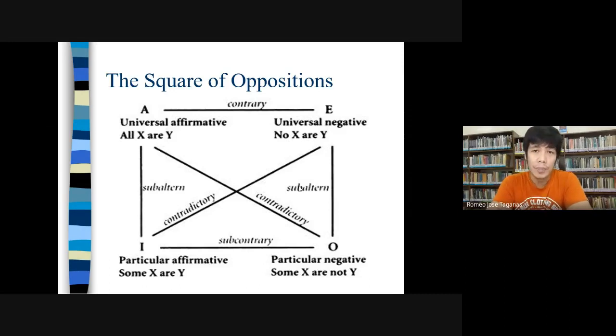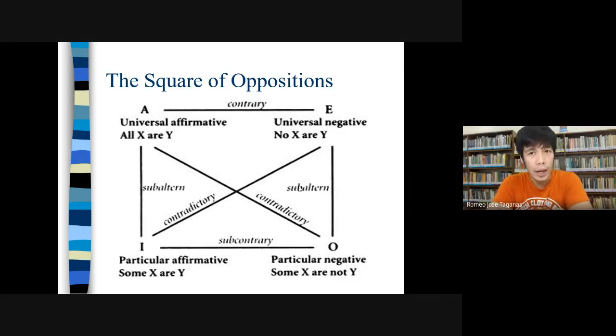Kung maalala ninyo, pinag-usapan natin yung relationship of terms. Di ba? Meron tayong terms according to relation. Okay? Meron tayong contradictory terms, meron tayong contrary terms, meron tayong correlative terms, at meron tayong privative terms.